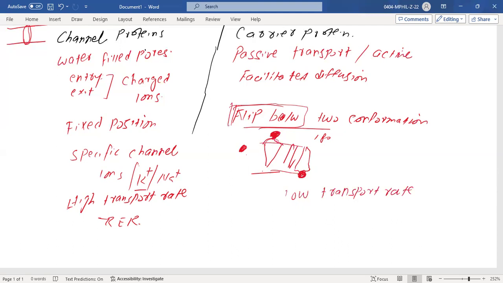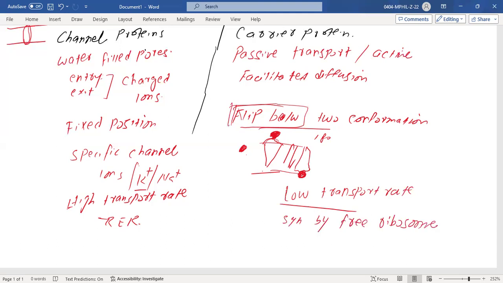This flipping may take some time. That is why it is a low transport rate, right? These are synthesized by free ribosomes, those ribosomes which are floating in the cytoplasm.